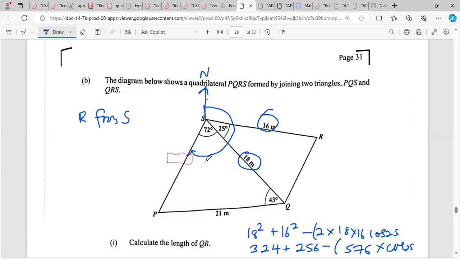So the bearing of R from S would be 205 minus 25 plus the 72.